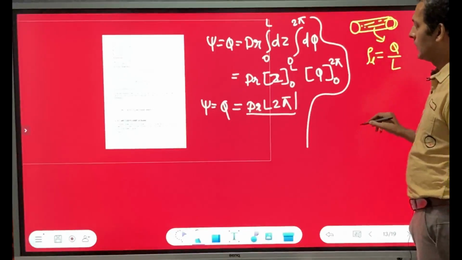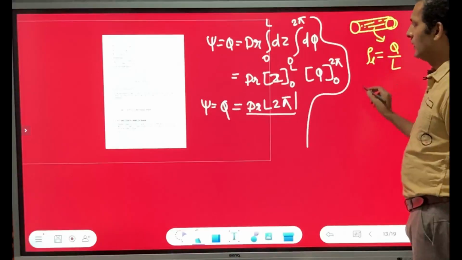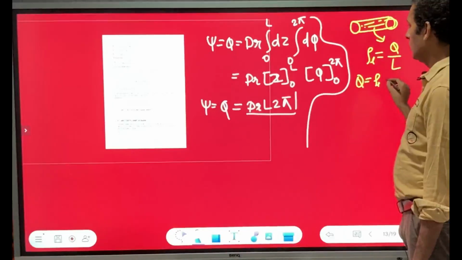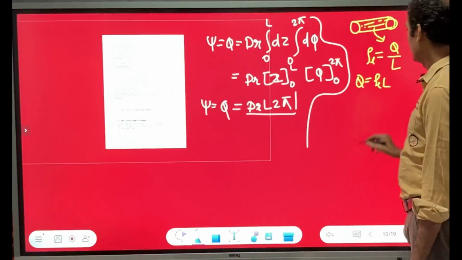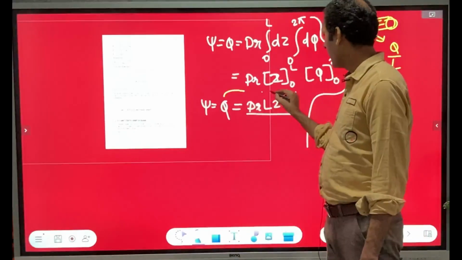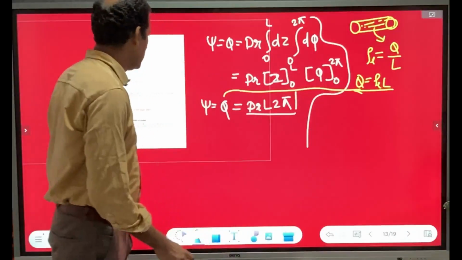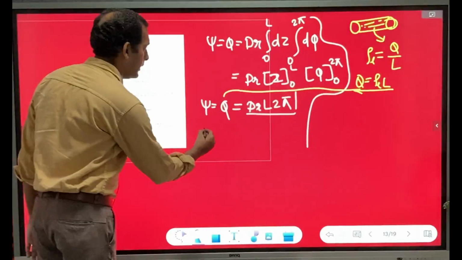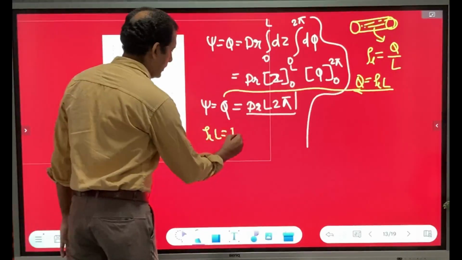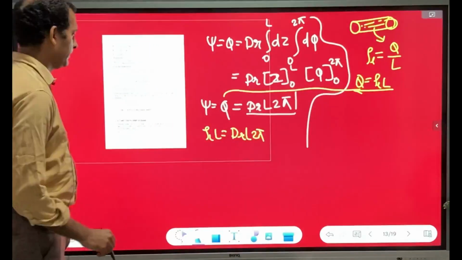So if we consider the charge and length from here, we can say that Q is equal to rho L into L. Now in place of this Q, we can keep this value. So what we will get? We can write rho L L is equal to this term D r L 2 pi.